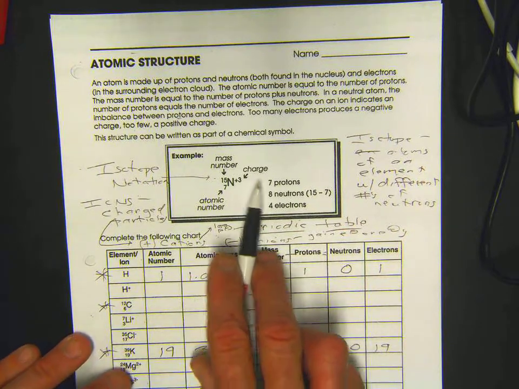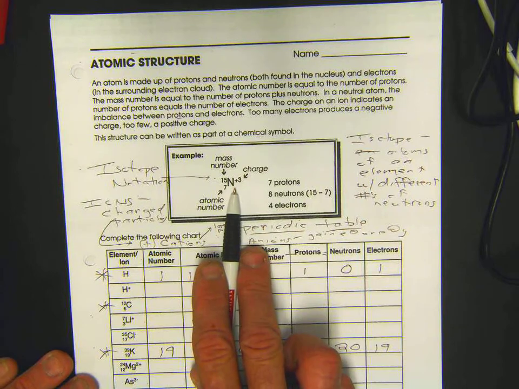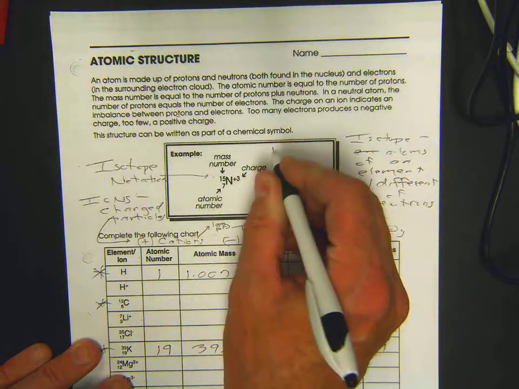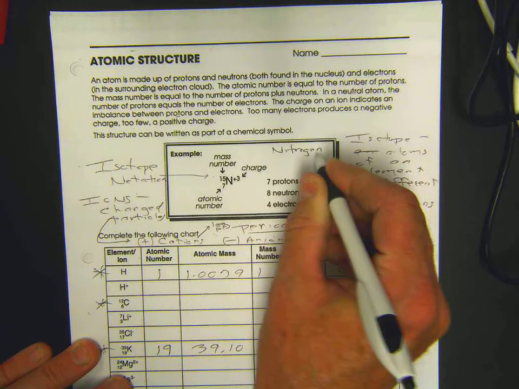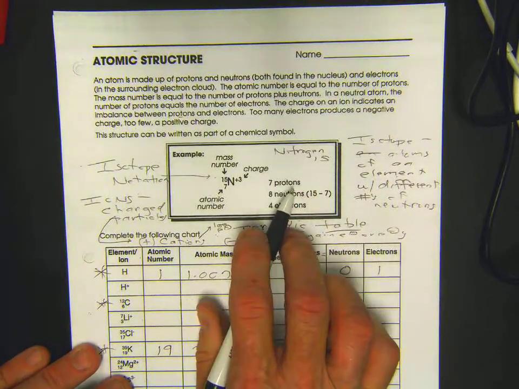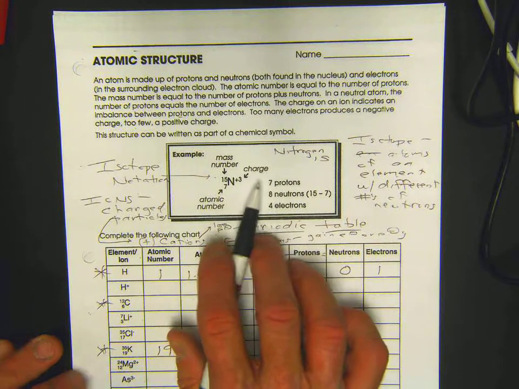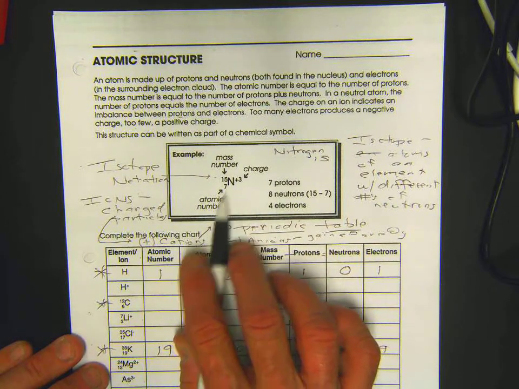Let's look at this example up here. This shows nitrogen 15. This is an excellent template for you to use. Okay, so nitrogen 15. The atomic number for nitrogen is always the same, 7 protons.